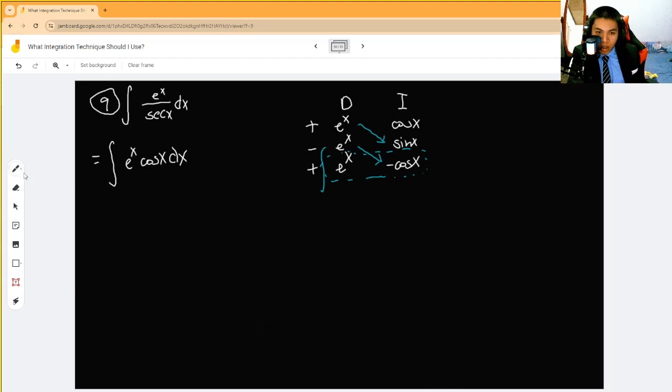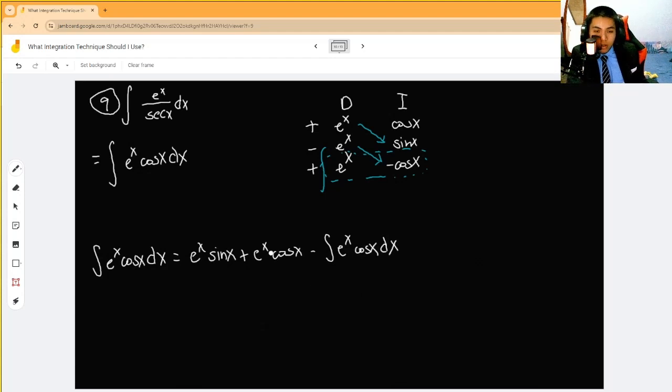So we have the integral of e to the x cosine x dx is equal to e to the x sine x plus e to the x cosine x, and then the product of this is a negative integral, right? Negative integral of e to the x cosine x dx.